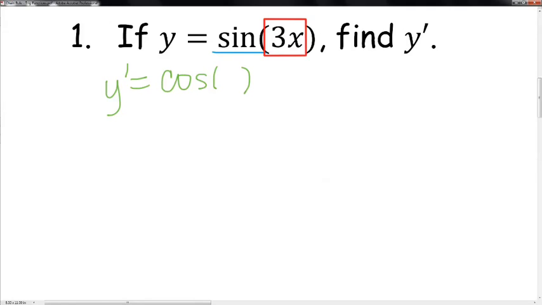And I need to keep my chocolate, because remember, my chocolate hasn't melted yet. We're just melting the shell. And then once the shell is melted and the chocolate's now all that's left, take the derivative of the chocolate. In this case, it's 3x. The derivative of the inside is 3. And so a lot of times if you'll see this written, they'll write it as y prime is equal to 3 cosine of 3x.